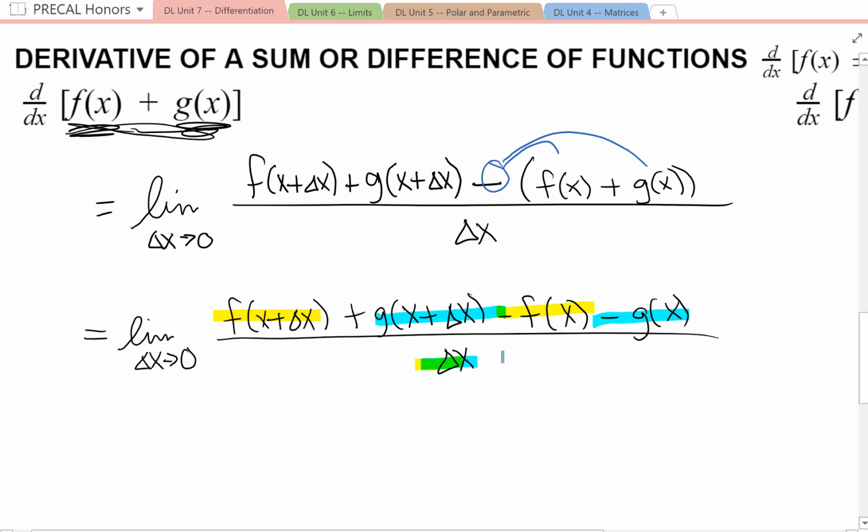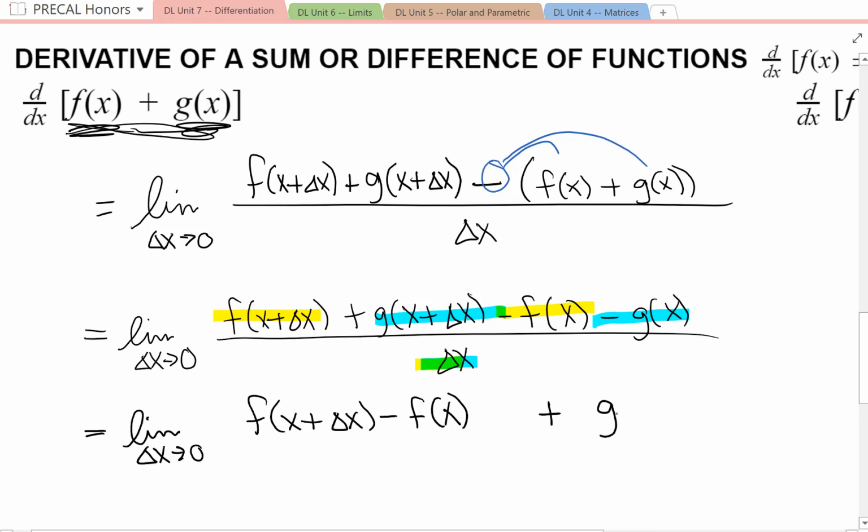That's the limit of f and the limit of g. Rearrange this fraction. f of x plus delta x minus f of x plus g of x plus delta x minus g of x, both of these over delta x.